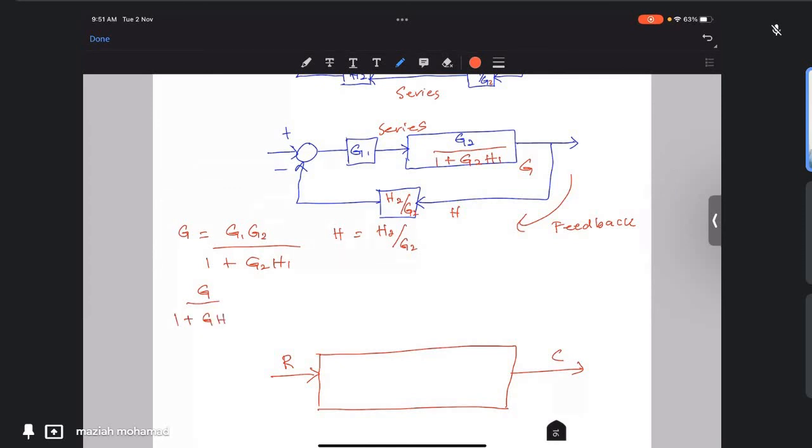Remember the plus sign because the sign at the summation point is minus. So our equation will become G1 G2 over 1 plus G2 H1, divided by 1 plus G1 G2 over 1 plus G2 H1 multiplied with H2 over G2.